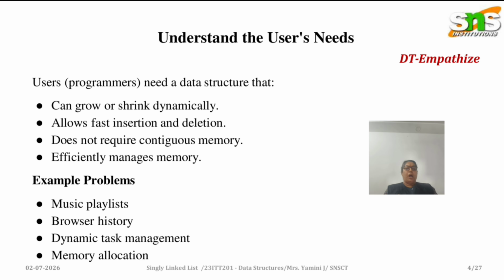It should allow fast insertion and deletion of elements without shifting existing data. It should also avoid the requirement of storing the data in continuous memory locations. Real world applications such as music playlists, browser history, memory allocation, and task management all benefit from this flexibility.